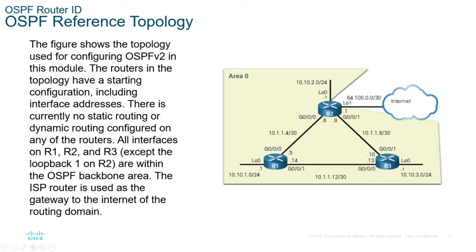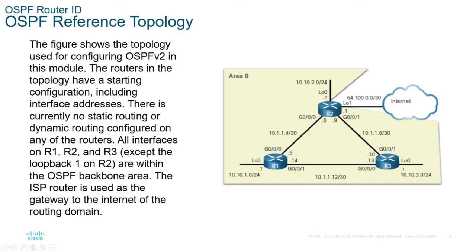They can be assigned manually, where in the OSPF configuration we actually specify what the router ID is. And again, remember our router IDs are in an IPv4 format, so it's a 32-bit number. The higher the number, the better.